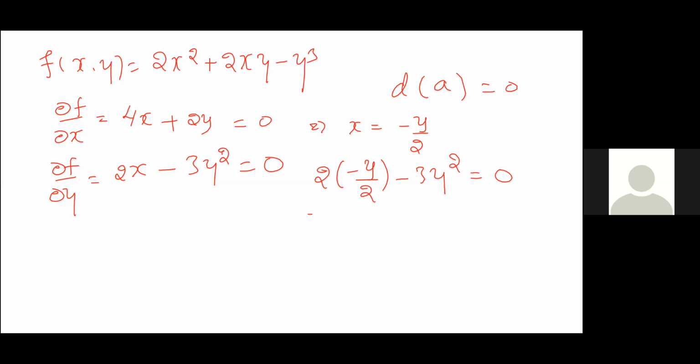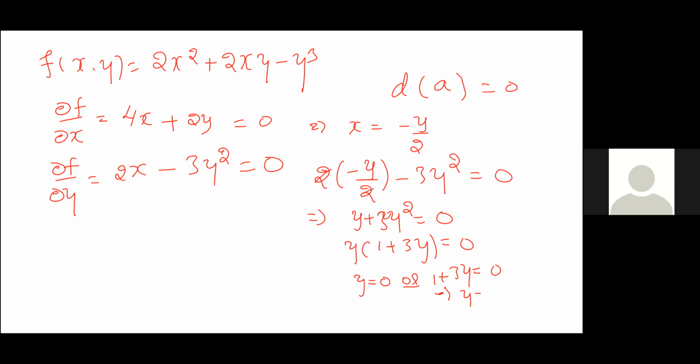So 2 gets cancelled: minus y minus 3y square equals 0. Taking y out, y into 1 plus 3y equals 0. Either y equals 0 or 1 plus 3y equals 0, so y equals minus 1 by 3.